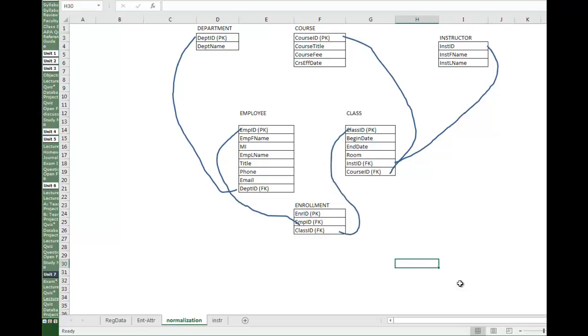Okay, it's kind of crazy looking, but I want you to see how the primary key must match a foreign key in another table in order for a relationship to exist.